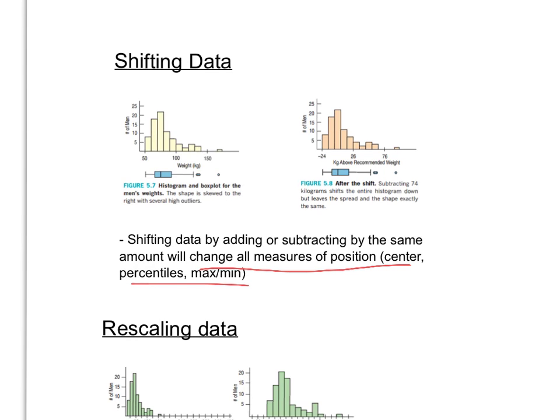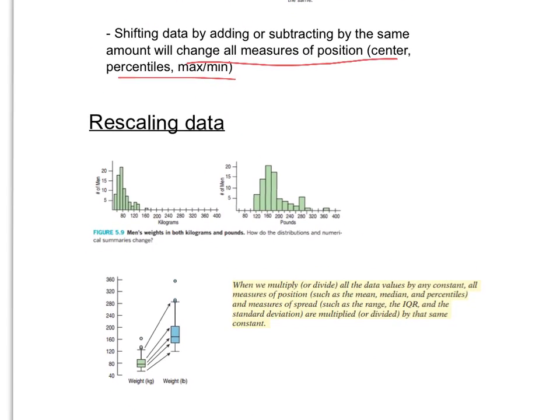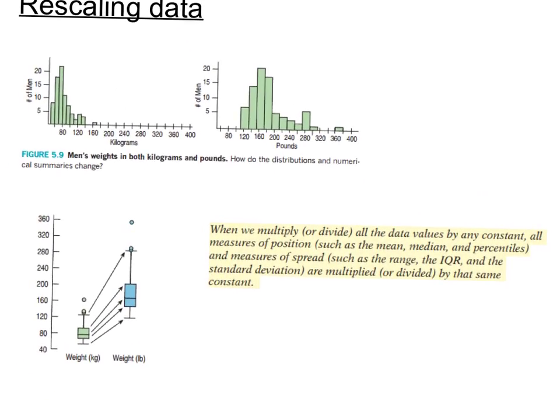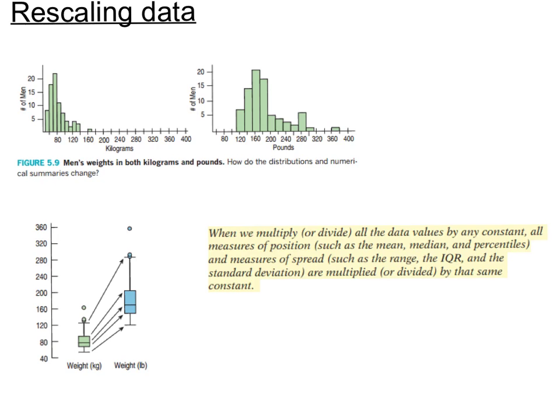However, if you are rescaling data, say you multiply all the values by a number, all the measures of position, mean, median, and percentiles, and measures of spread are multiplied or divided by that same constant. So they would change at the same rate.